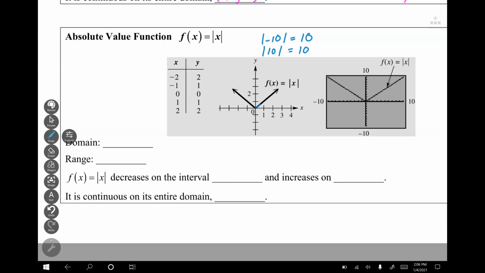On the right-hand side, you've got a line with a positive 1 slope. The slope here equals 1. And then on the left here, you've got a straight line with a slope of negative 1. Both lines have a y-intercept of 0, but their slopes are positive 1 and negative 1.